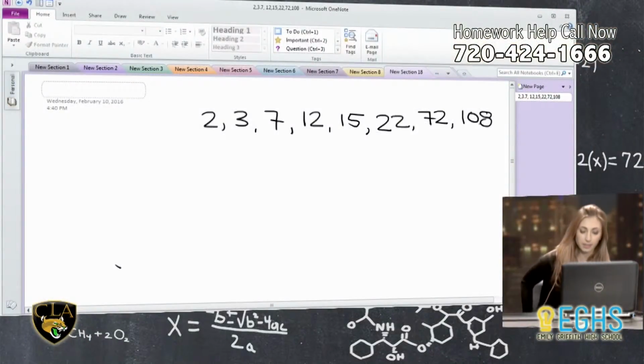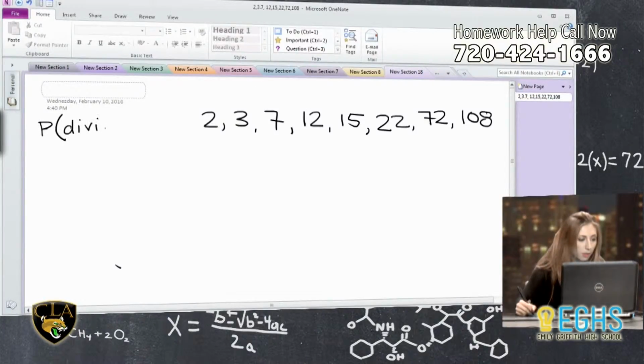Let me read those numbers to you one more time just to make sure I got you. So it's 2, 3, 7, 12, 15, 22, 72, and 108. Correct. And what am I finding the probability of? That they'll be divisible by both 2 and by 3.